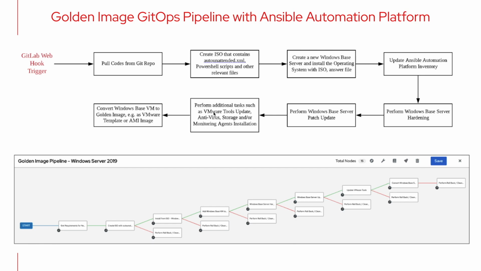The last step of which is to convert the base VM to a golden image. The demo that we have is on the VMware virtualization platform, and hence the base image will be converted to the VMware template. If we are doing this for the public cloud, for instance, on Amazon Web Services, then we will be able to convert this into an AMI image that we can use for future EC2 instance deployment.